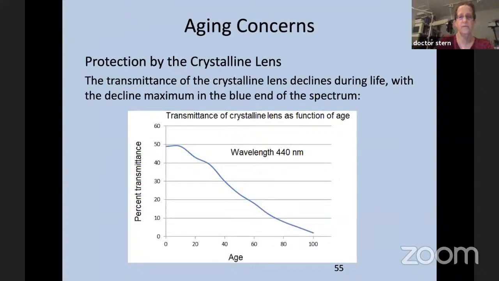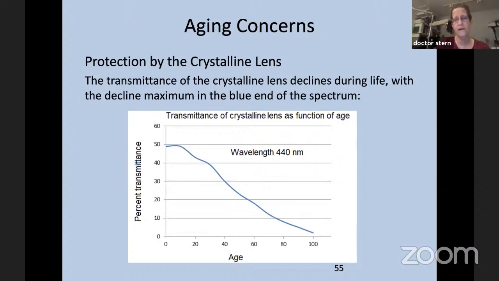Now, what happens when we age? Well, we know that the transmittance of blue goes down as we age because the lens has an increase in something called lipofuscin, and lipofuscin blocks the blue.